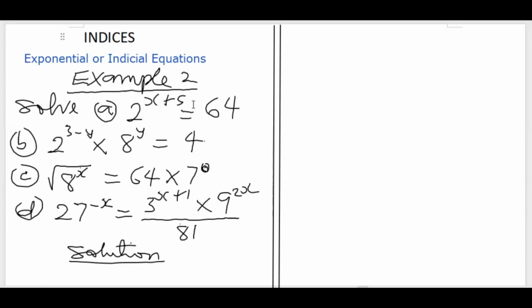So the first one is... anytime you are given an exponential equation, what you have to think of doing is ensure you express each side of the equal sign in its index form.